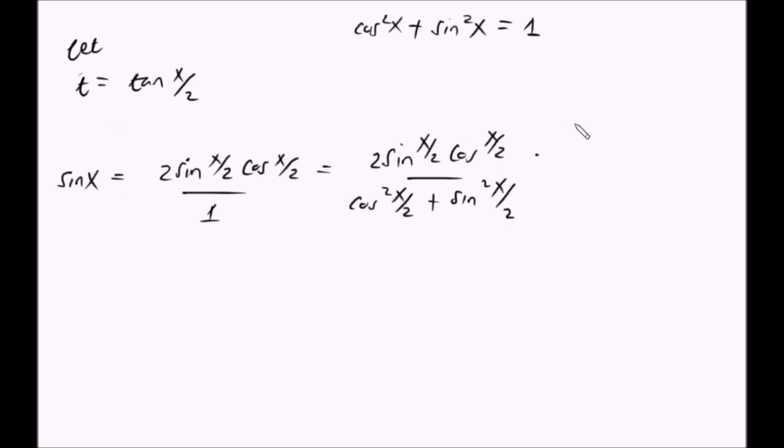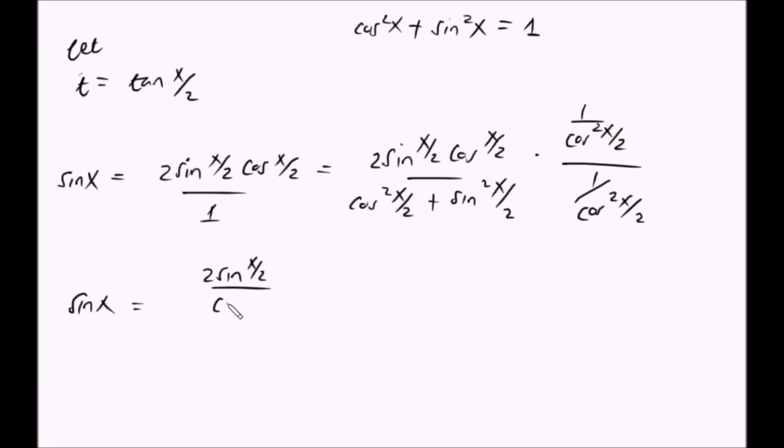So ukishafika hapa now, you're gonna times is 1 over cos squared ya x over 2 gawanya kwa 1 over cos squared ya x over 2. So you know sin over cos is tan, eh? So you see this now sin of x is gonna be, kule juu tutakuwa tuna 2 sin x over 2, so kutakuwa na over cos x over 2 times cos x over 2 over cos x over 2.